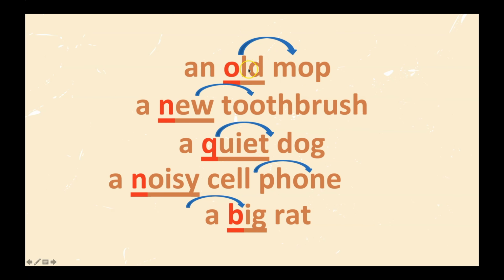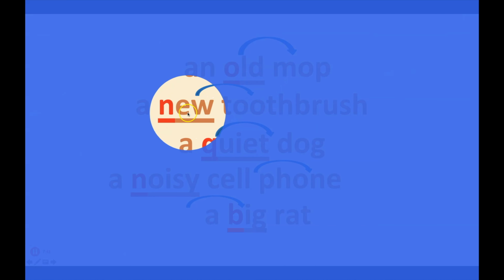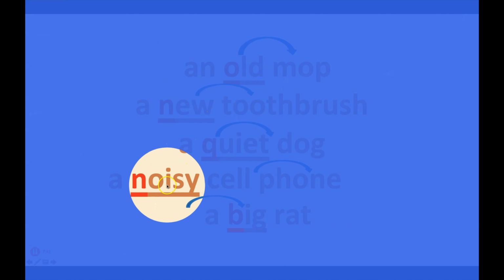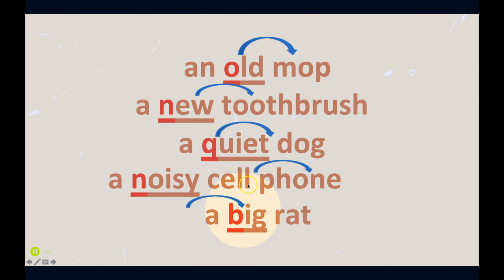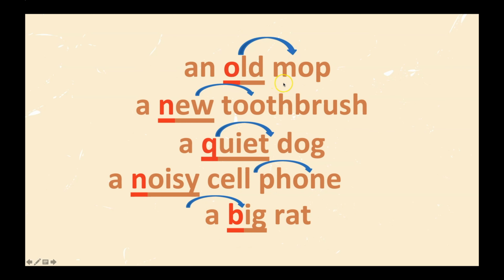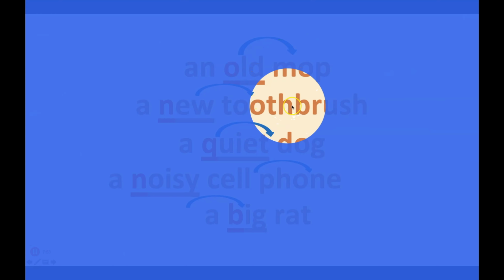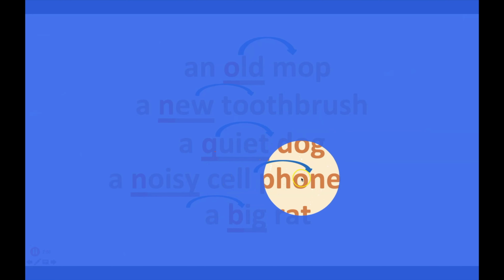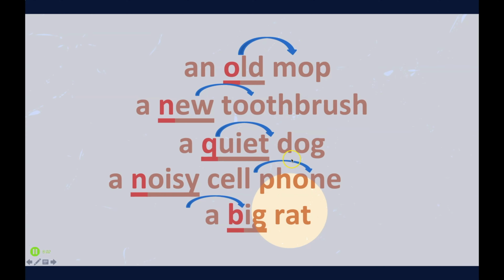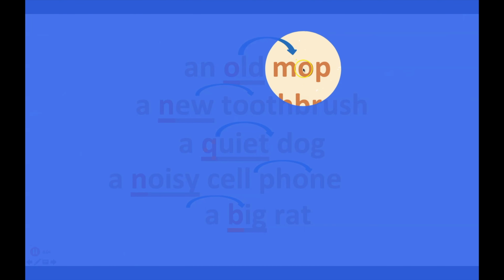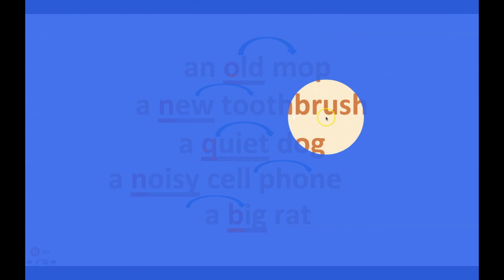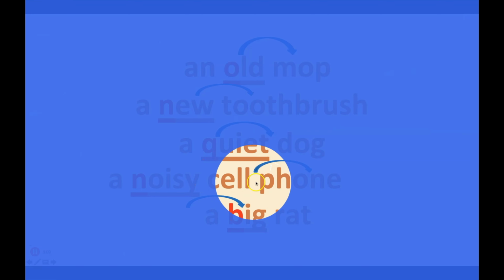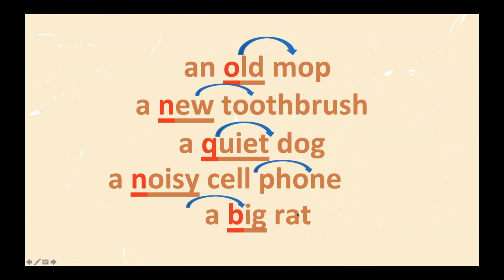And these adjectives give us information about words such as mop, toothbrush, dog, cell phone, and rat. And these words we call nouns.